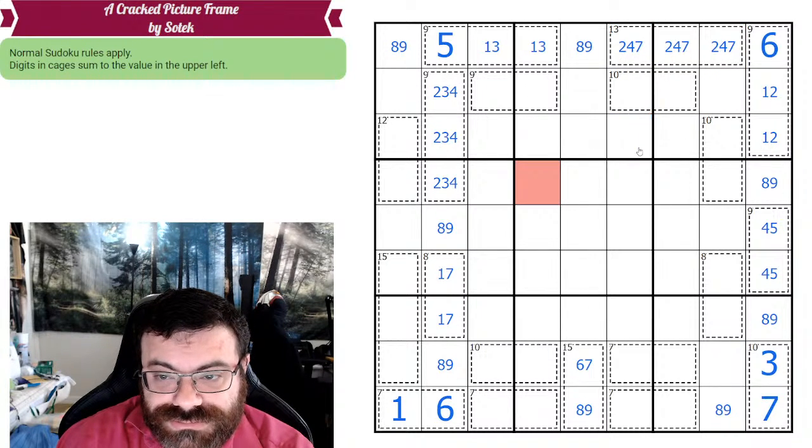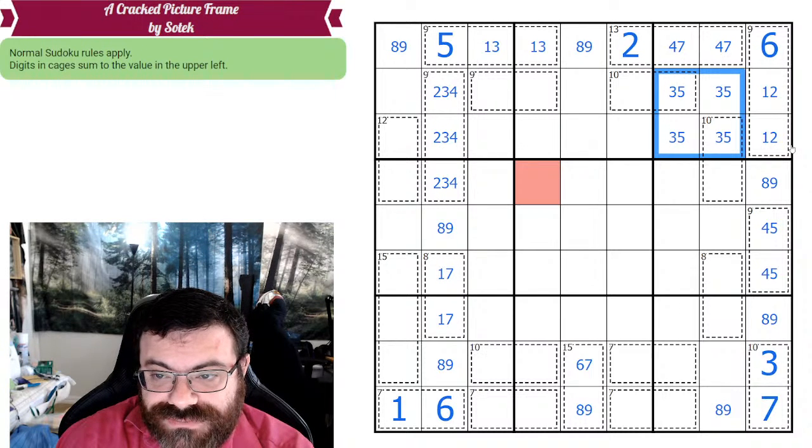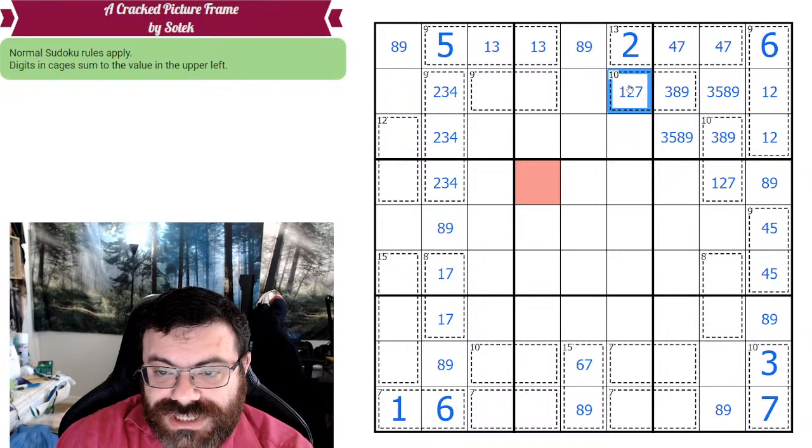That works. 2 doesn't go there, so we can place this 2. So these are from 3, 5, 8, 9. So this is... You can't put 5 in a 10 cage. These are from 1, 2, or 7. This can't be 2, so that can't be 8.